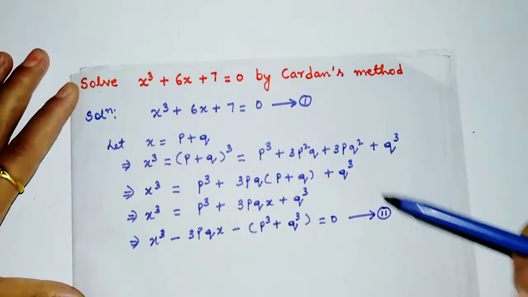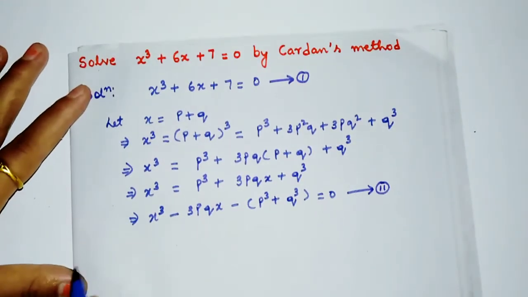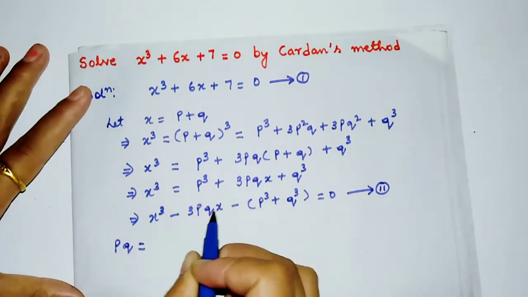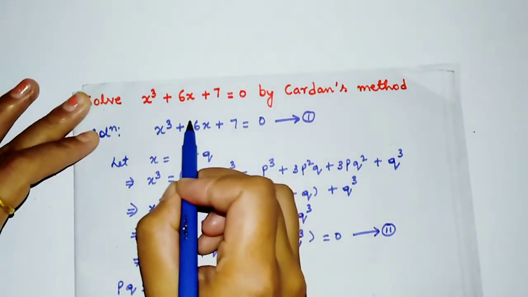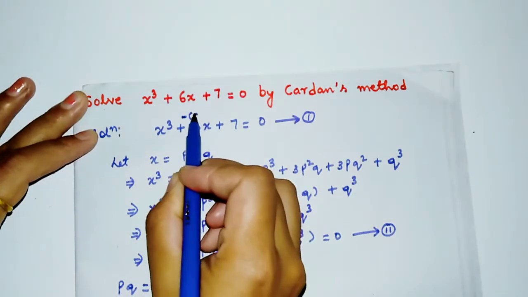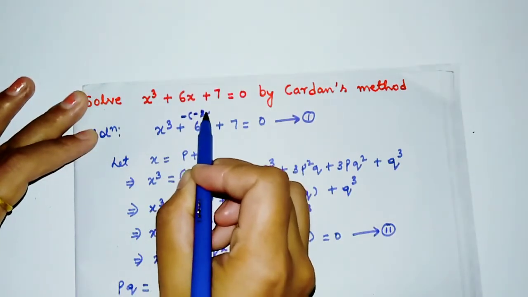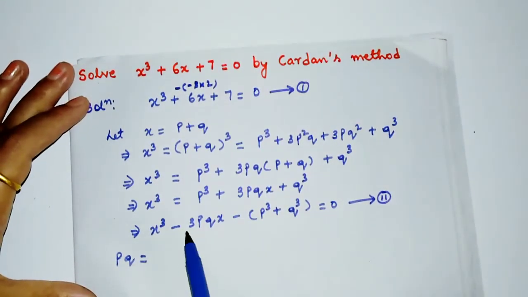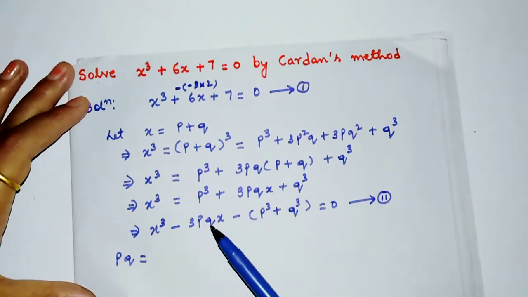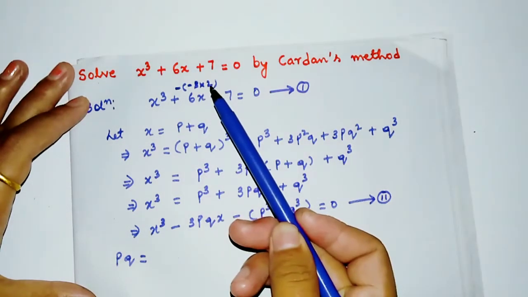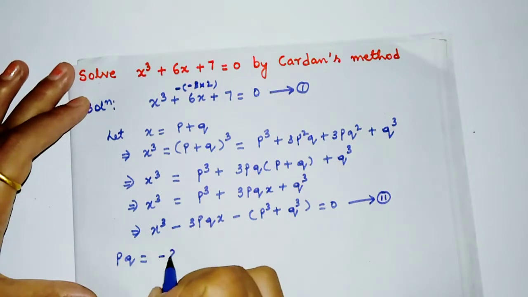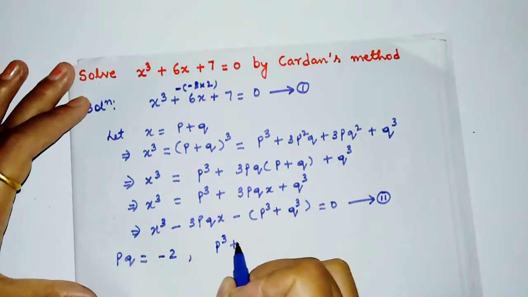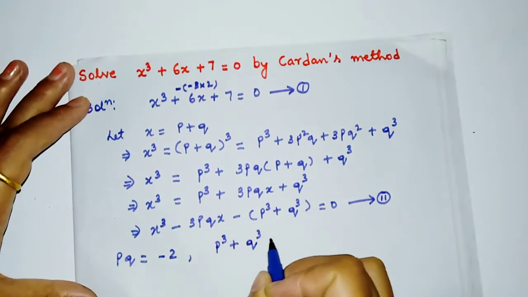Now we compare equation 1 and 2. By comparing equation 1 and 2, we see that pq is equal to, what is pq? From here we can write this one as minus 3 into 2. Is it? Yes? Okay. So from there we see that pq is minus 2. And then what about p cube plus q cube?